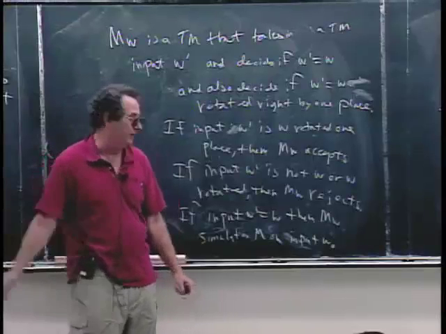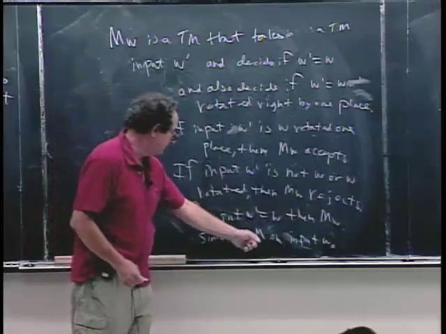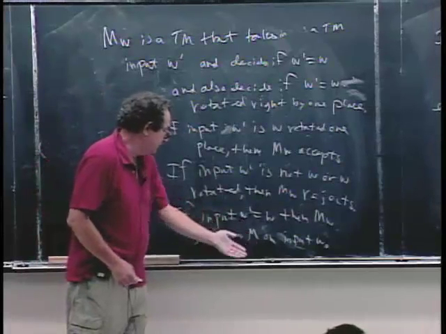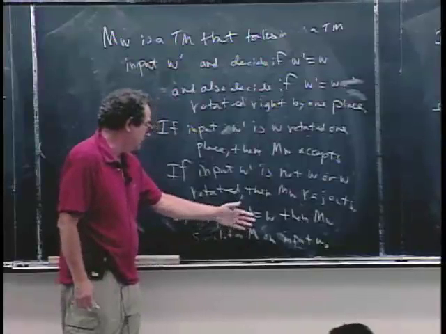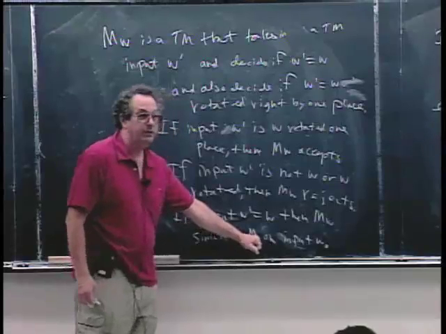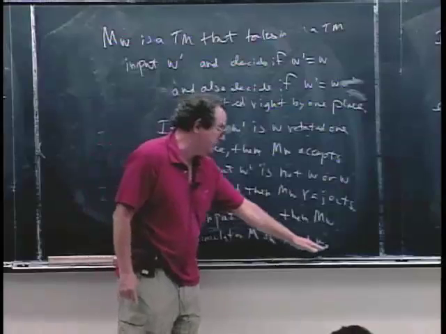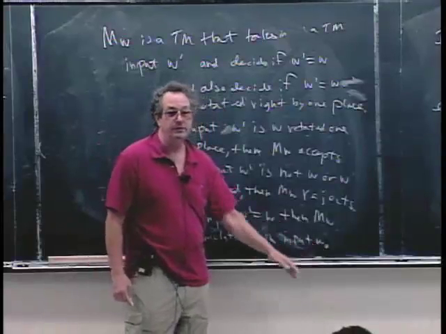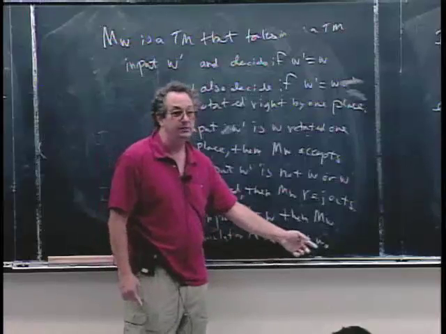It's specialized so that it takes in M and knows how to simulate M because it's a universal Turing machine, and then it takes in W, and the universal Turing machine does that simulation of M on W.